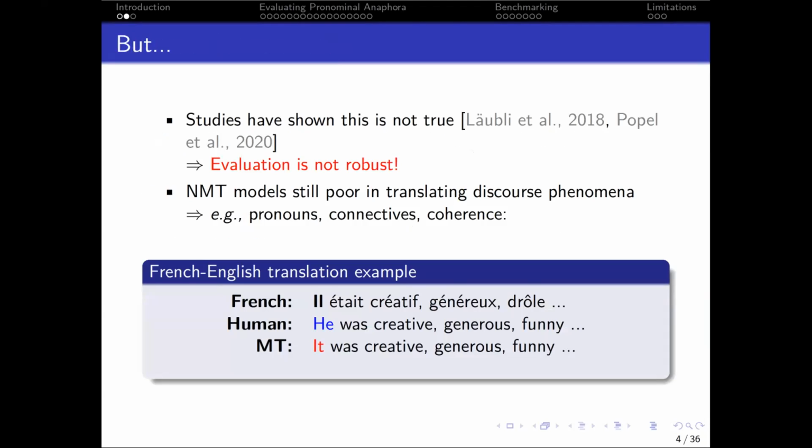One of the main things that MT systems are still poor at translating are discourse phenomena like pronouns, connectives, coherence, and so on. Today I'll mostly be concentrating on pronouns. Here's a very classic example of pronoun translations that MT systems still get wrong. We're translating from French to English, and we have an ambiguous pronoun in French, il, which should be translated to he, and MT systems most often tend to translate it to it.